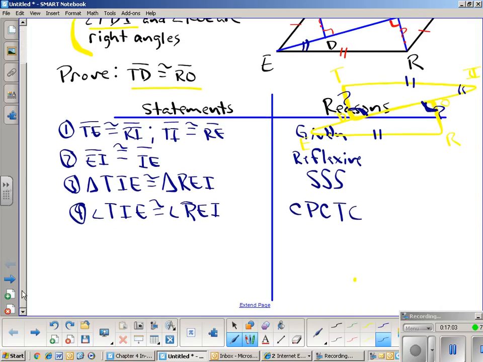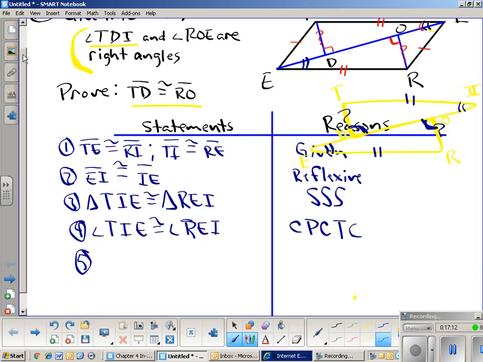Okay, so we got to go back to the given and finish what we didn't say. Angle TDI and angle ROE are right angles. That step was given to us.